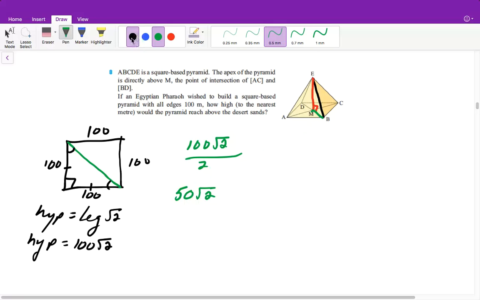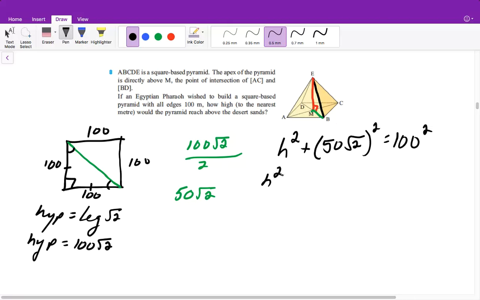So I can now solve for my height. I can say that this height we don't know, so it's h squared plus the green, which is 50 root 2 squared, is equal to my hypotenuse, which I know is 100 squared. So then h squared plus, we would then distribute this into both.